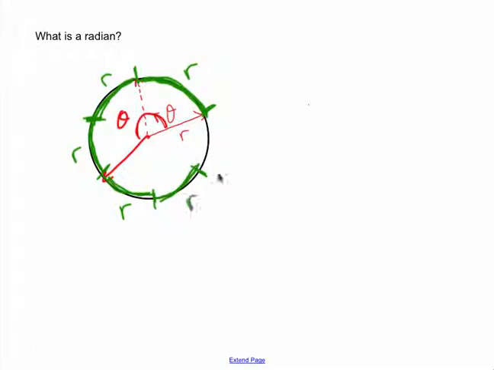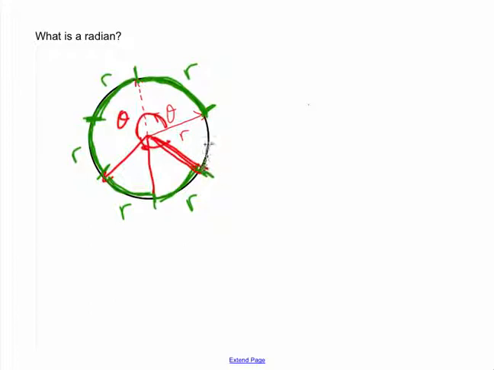Five radians. Okay, so now we're into an angle that's 1, 2, 3, 4 radians. Now we're into an angle that has 5 radians. So this whole almost complete rotation is 5 radians, or that angle, this reflex angle, is 5 radians.